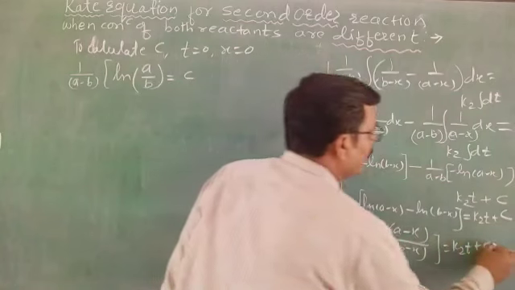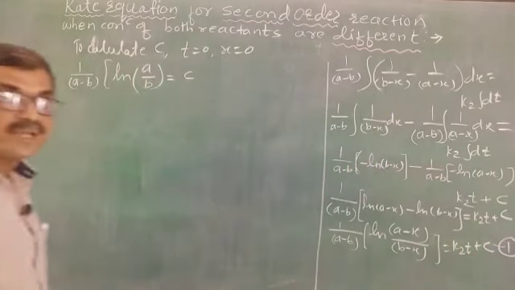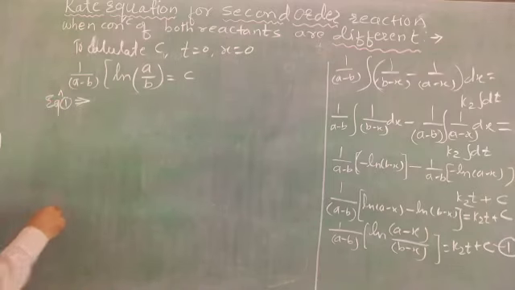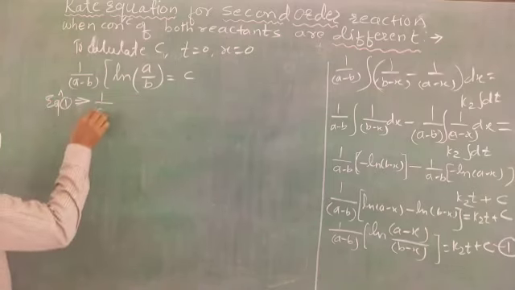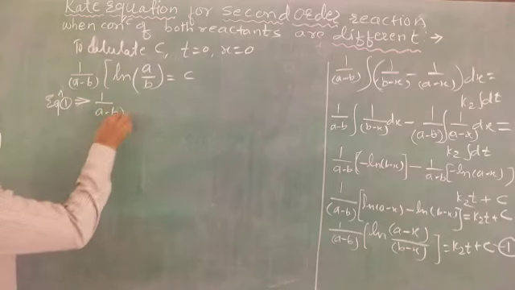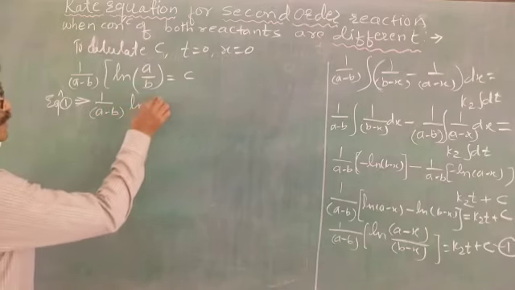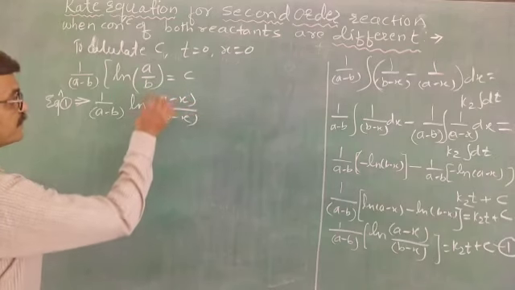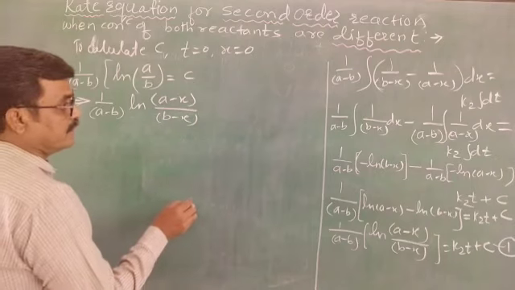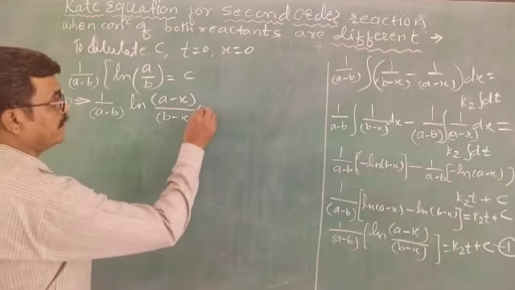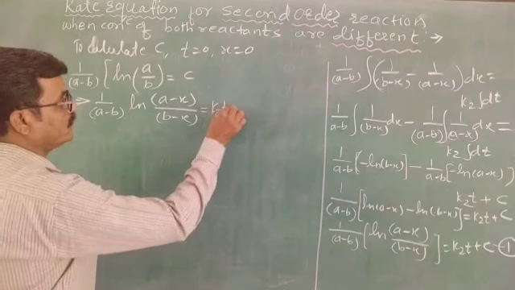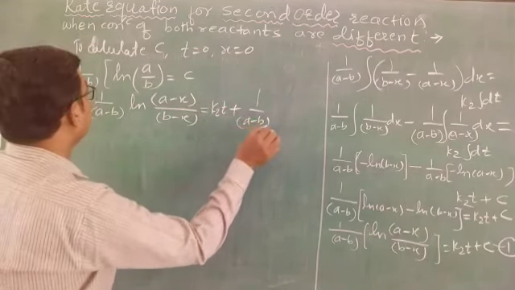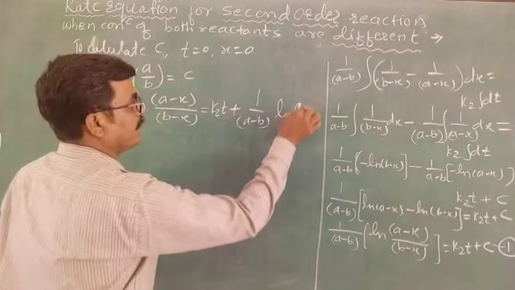Okay, now this is the value of c. Now putting this value in this equation 1. Now what is equation 1? 1 upon a minus b into ln a minus x upon b minus x is equal to k2 into t plus, what is the value of c? 1 upon a minus b into ln a upon b.